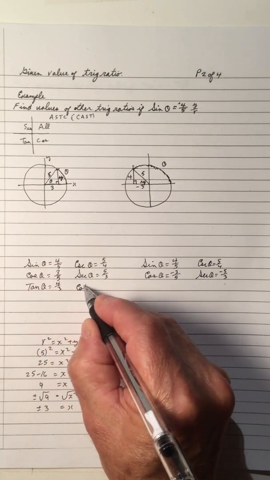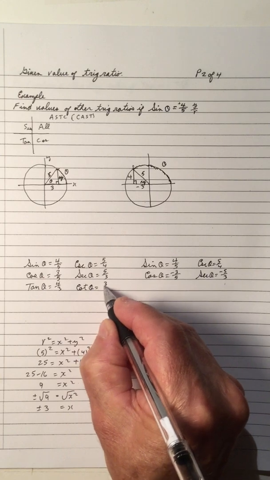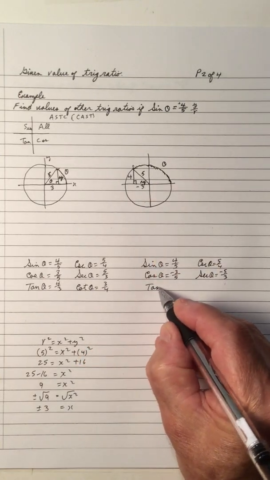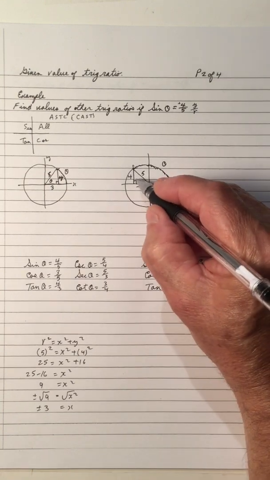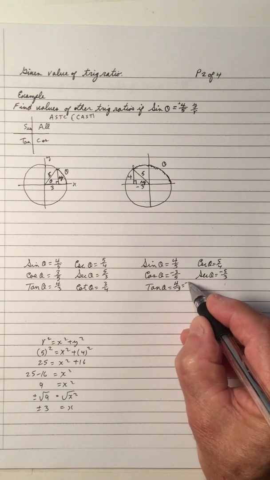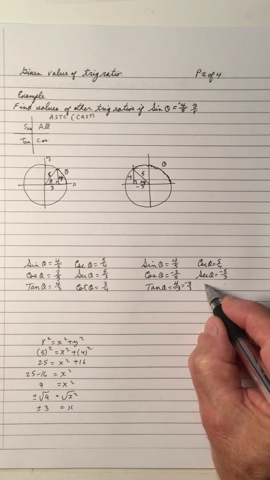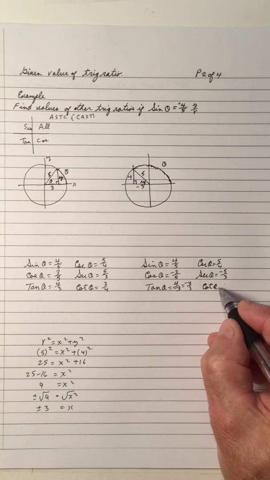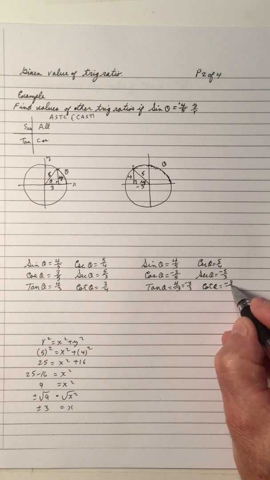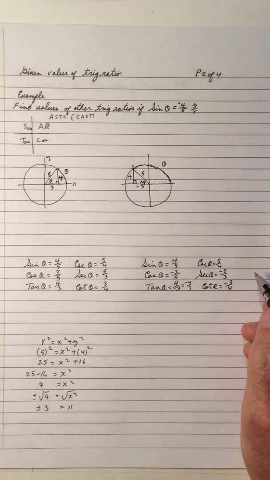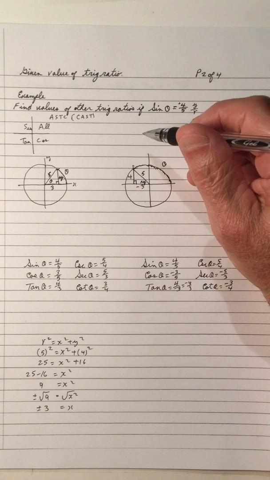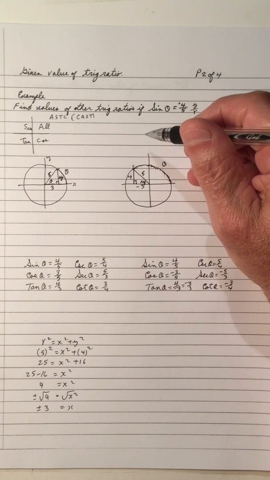So cot, the reciprocal, is 3/4. And in this diagram, tan is still the y over the x, but this time it's 4/-3, which is -4/3. And cot is the reciprocal, so it becomes -3/4.